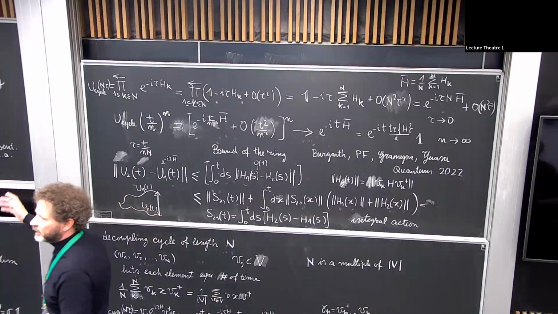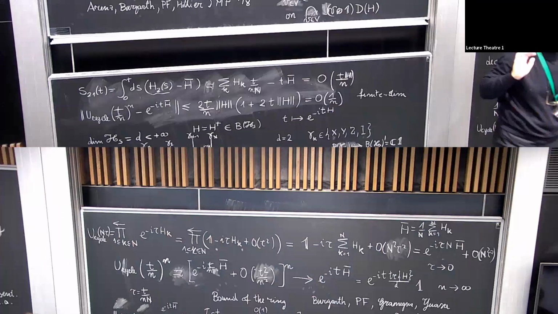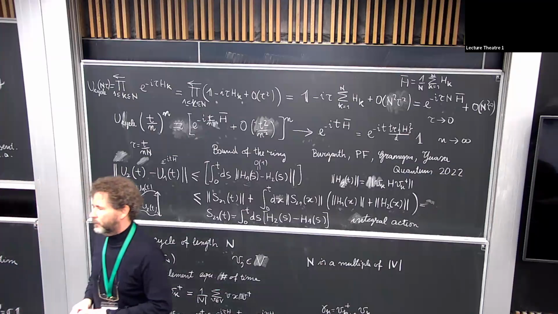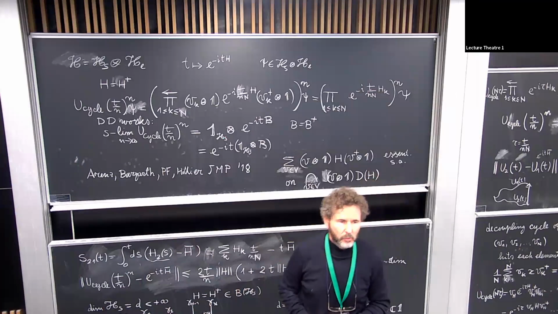And so the limit would be the closure of this. This is a trivial generalization of Trotter for n terms instead of 2.